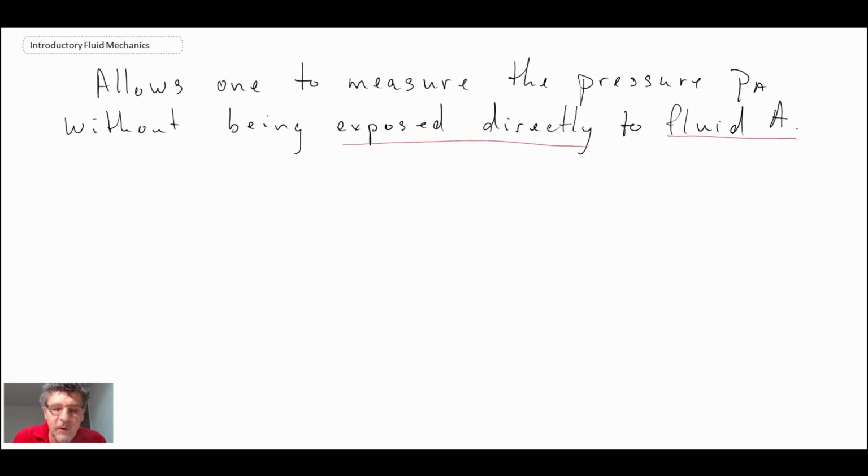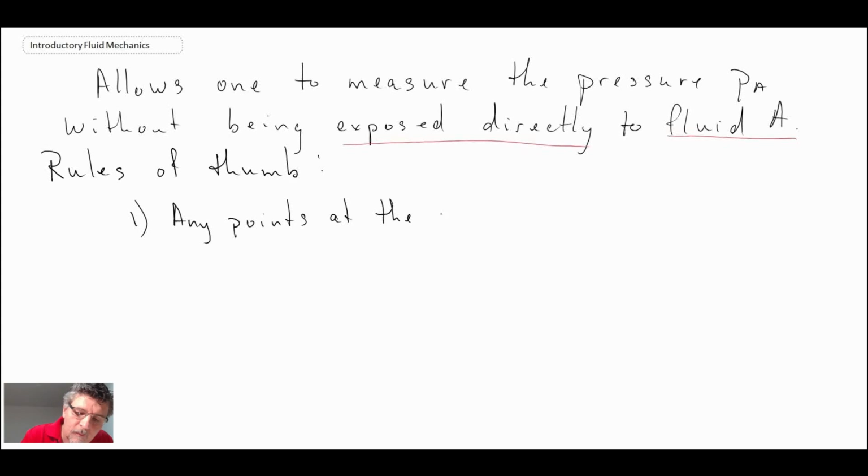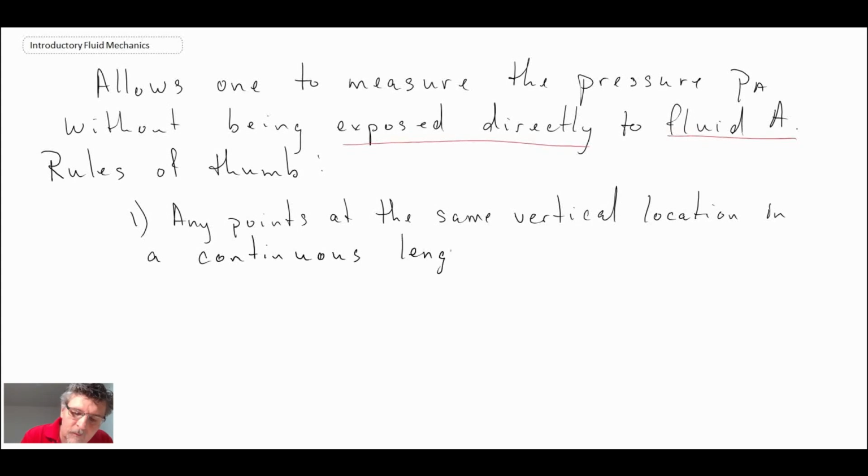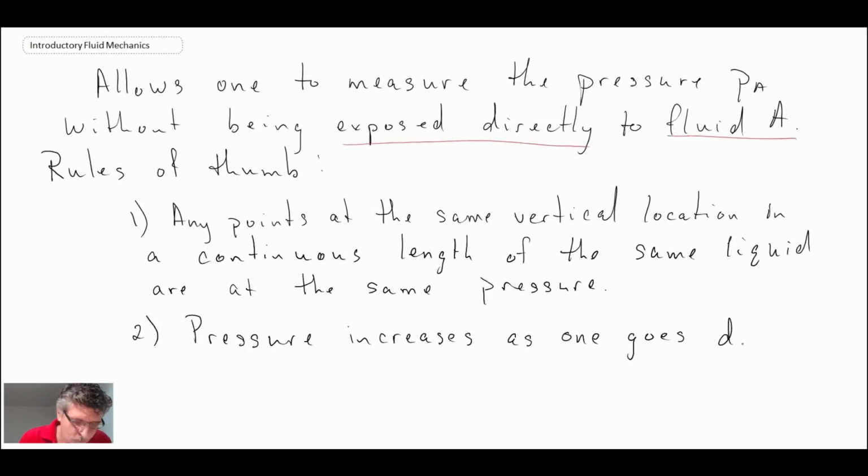A couple of rules of thumb that we'll write out. The first one pertains to the fact that we are able to jump across the U-tube manometer.